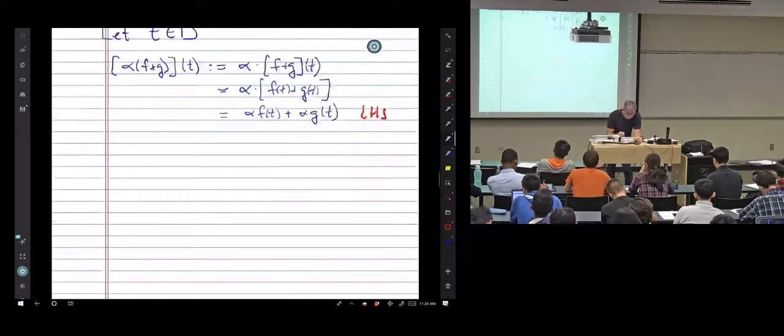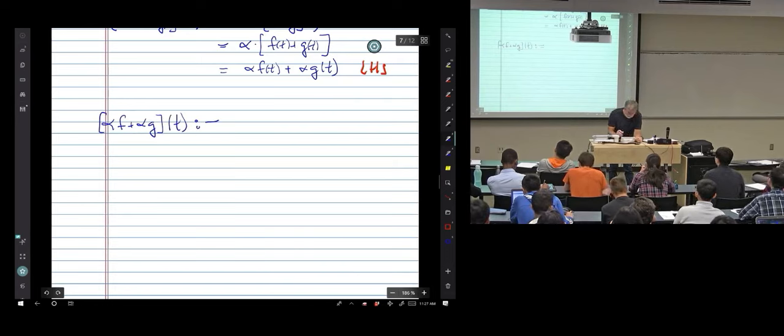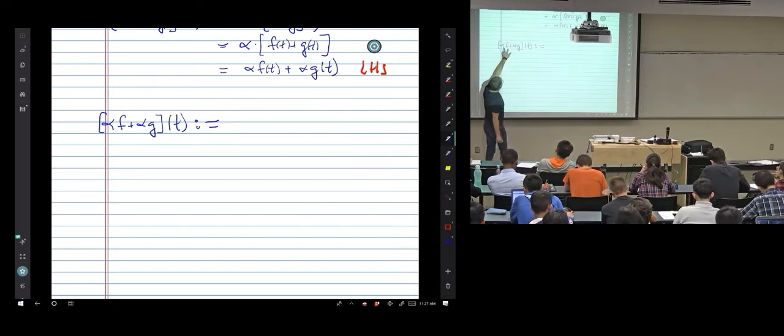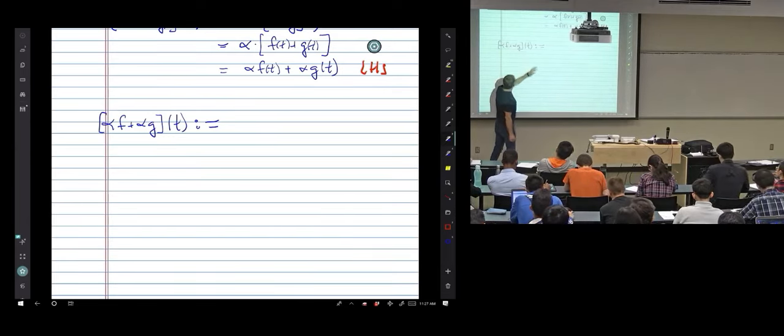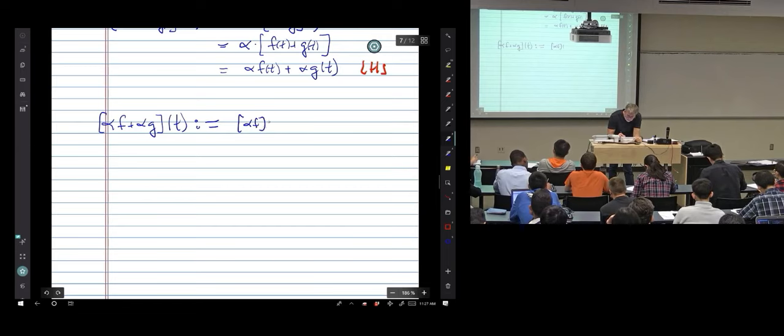What's the right-hand side? I've got alpha f plus alpha g, evaluated at t, which is by definition equal to what? This is a function, this is a function, and I evaluate them at a point. I said it was this function at t plus this function at t.